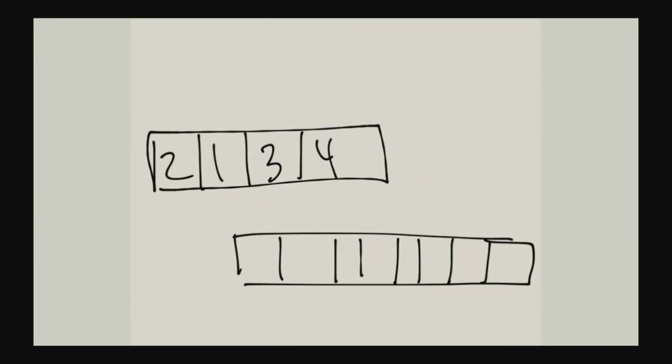Here's our start. So inevitably, we just want to start at the beginning again and copy things in from there. 1, 3, 4, 2. So, how do you do that?